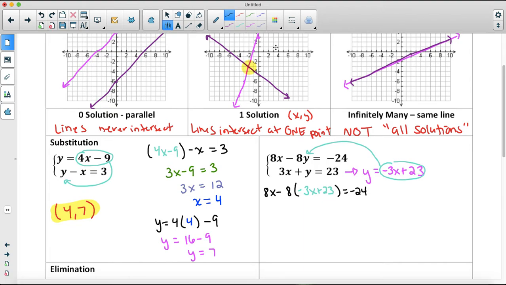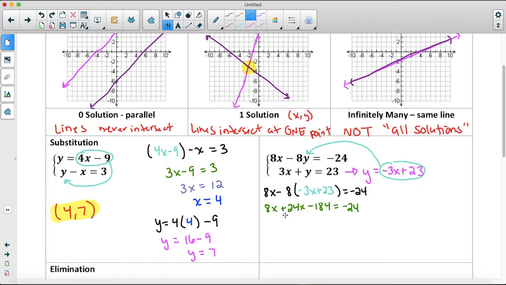We use the distributive property to simplify. So we'll have 8x, negative 8 times negative 3x is a positive 24x. A negative 8 times a positive 23 is a negative 184, and that's going to equal negative 24.